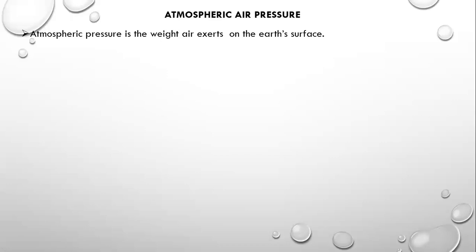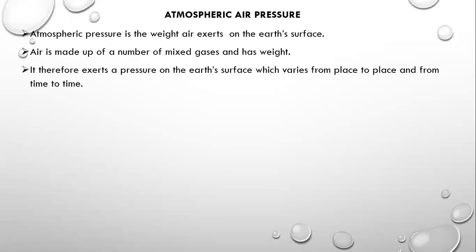So air is made up of a number of mixed gases which have weight. It therefore exerts a pressure on the Earth's surface which varies from place to place and time to time.